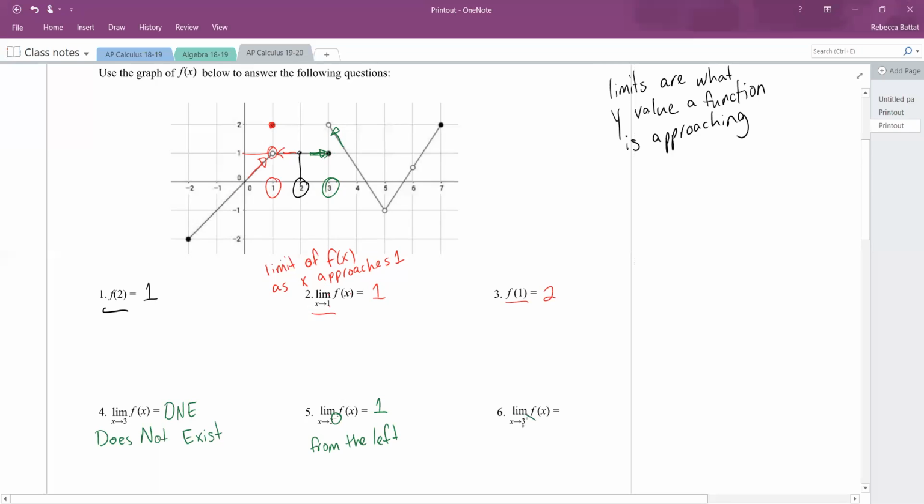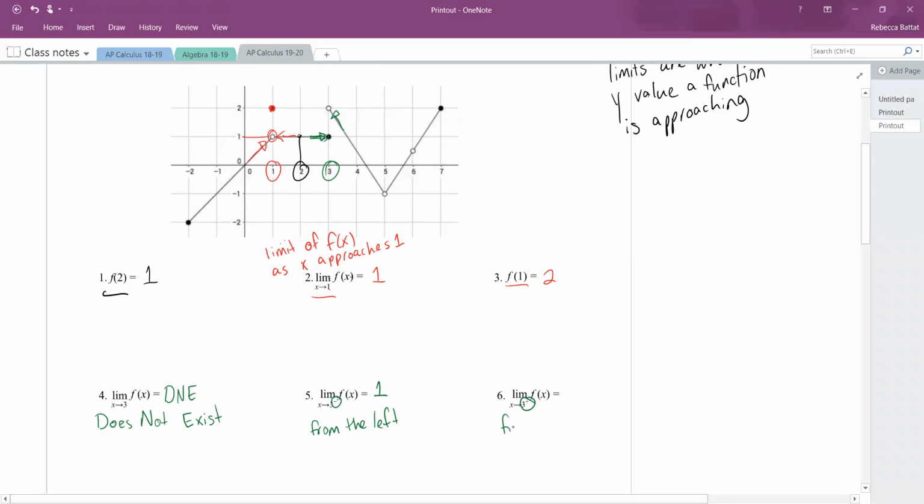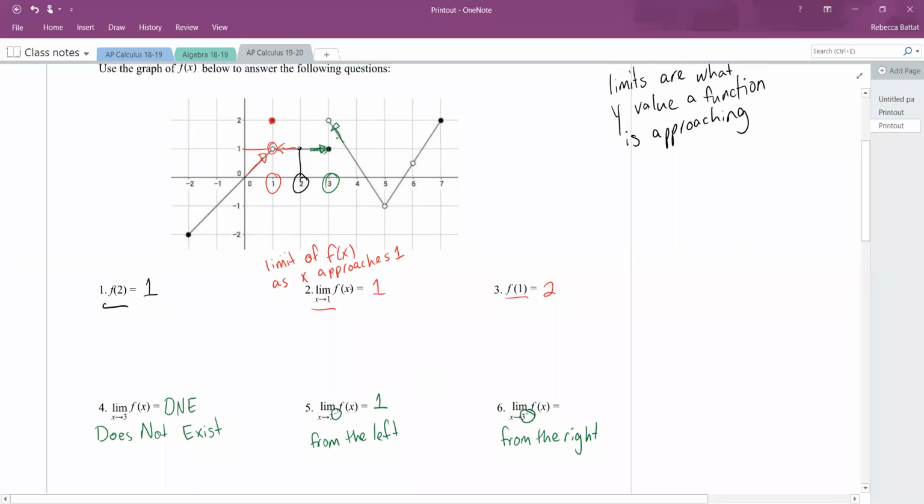But if we have a positive exponent, that means we're coming from the right. So if we're coming from the right, we're going from a number bigger than 3, like 4. Looks like our y value here is going to be 2.